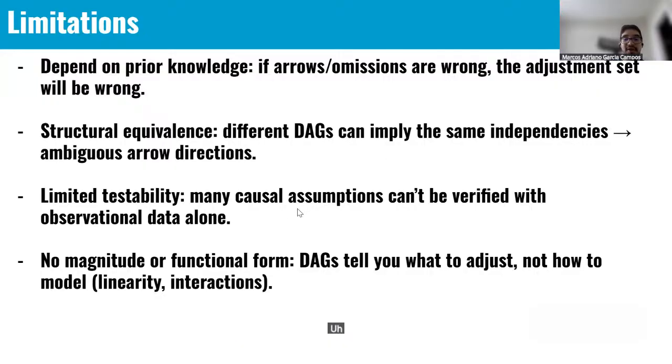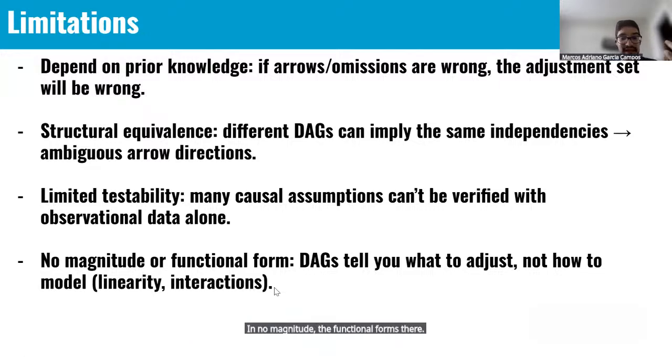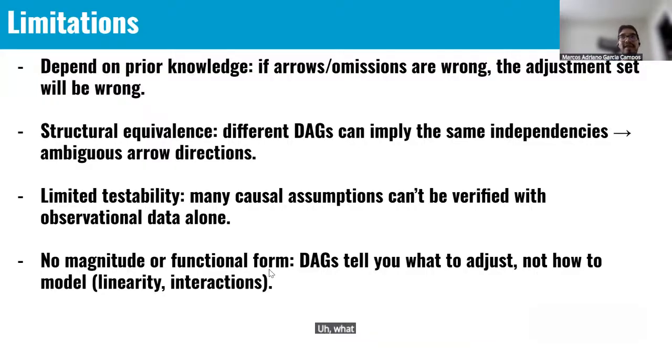Many causal assumptions cannot be verified with observational data alone. Regarding the magnitude and functional forms, the DAGs tell you what to adjust, not how to model. What kind of analysis will I do to adjust? They just say adjust for this, but not how.